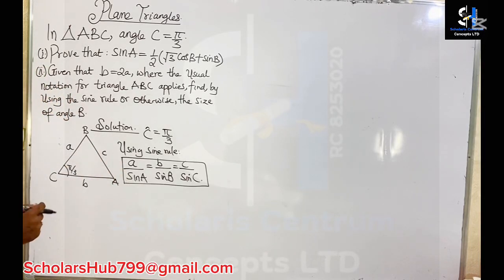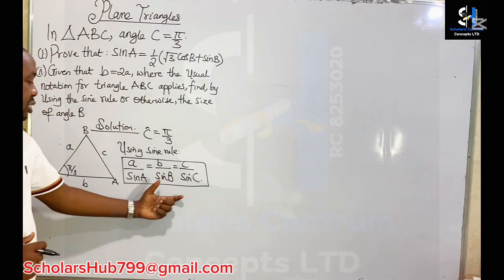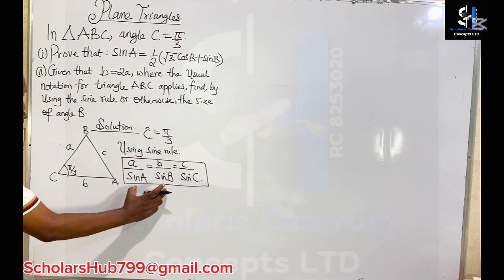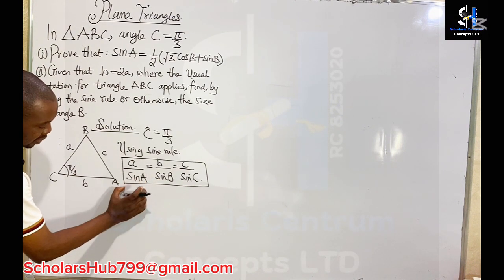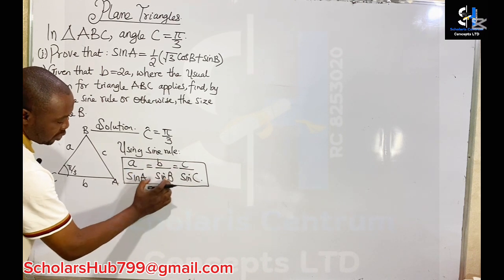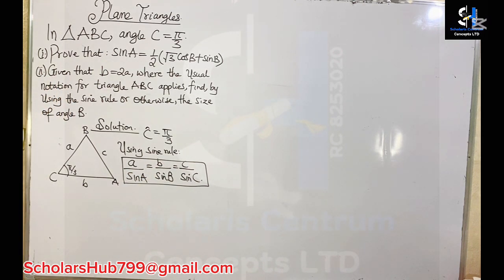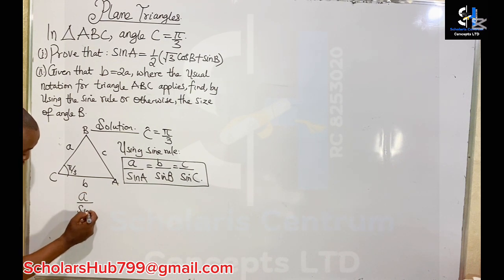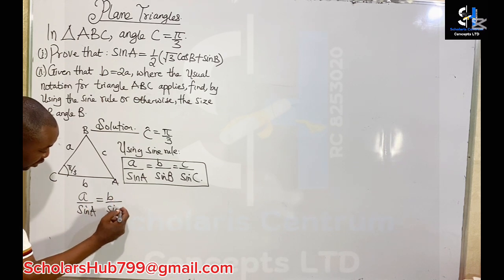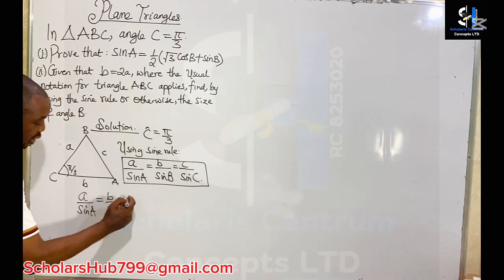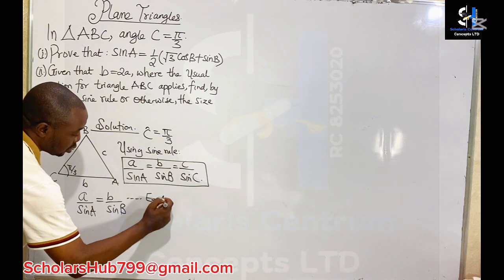From this formula, I'm going to bring out these two: side A over sine A equals side B over sine B. We're going to need that in order to prove this identity. So, side A over sine A equals side B over sine B. Let's call this equation 1.